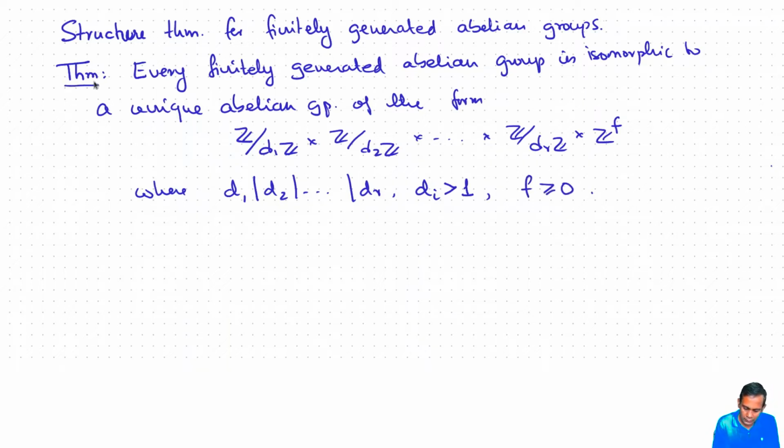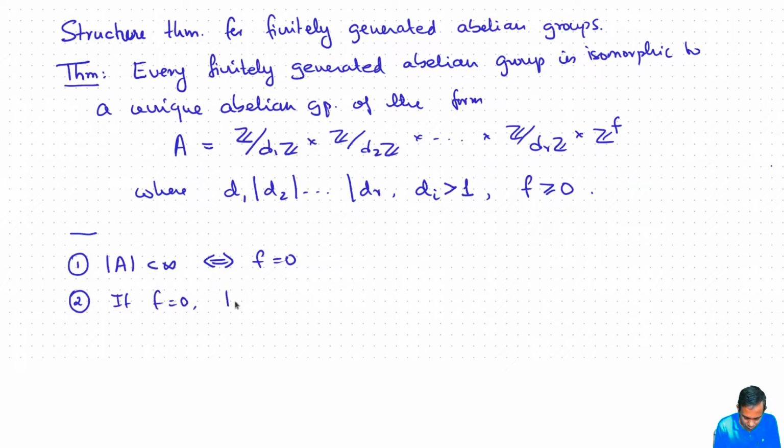So such a group is finite if and only if f is 0, so let's call this A. So note one: A is finite if and only if f is 0, and if f is 0, then the order of A is d1 d2 ... dr, the product of these integers.